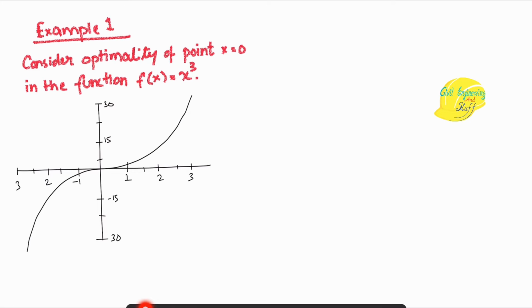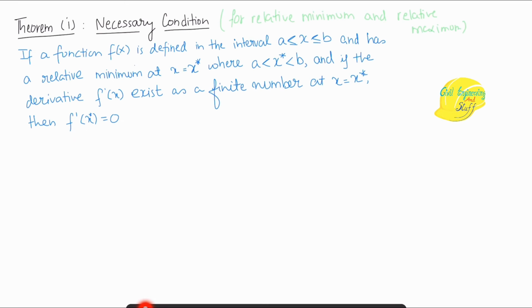We have to find the optimality of the function f of x equal to x cube at x equal to 0. Let us apply the necessary condition. The function is defined in the interval of -3 to 3, and we have to find the optimality at the point x equal to 0, so x star is 0.